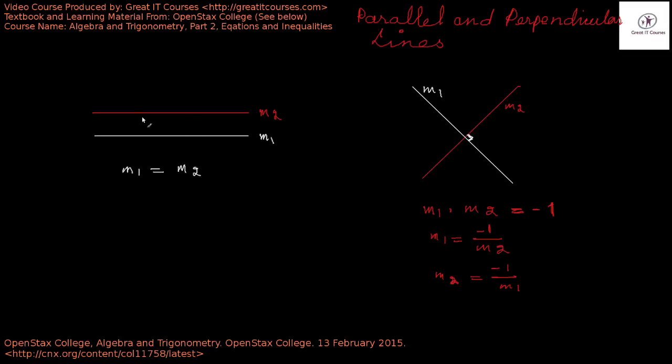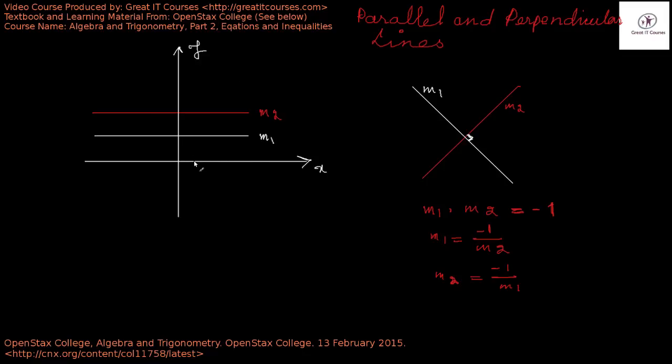So now if you consider these two lines in a Cartesian coordinate system, let's say this is your x-axis and this is your y-axis.